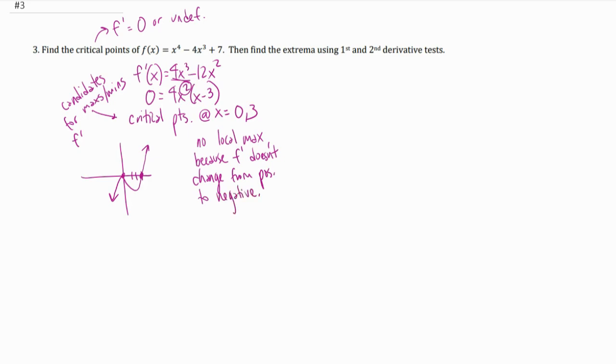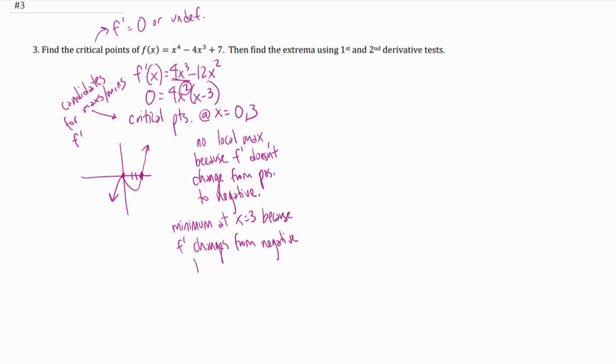You'll notice that we change from negative to positive here at x equals 3, but we never change from above the x-axis to below the x-axis. And then we would have a minimum at x equals 3 because f prime changes from negative to positive.